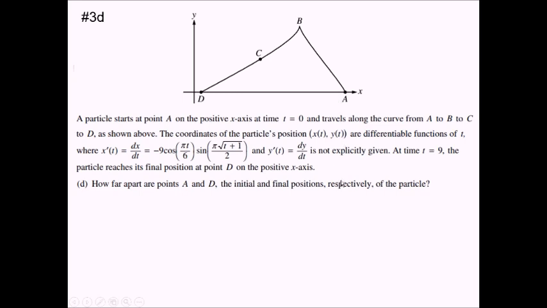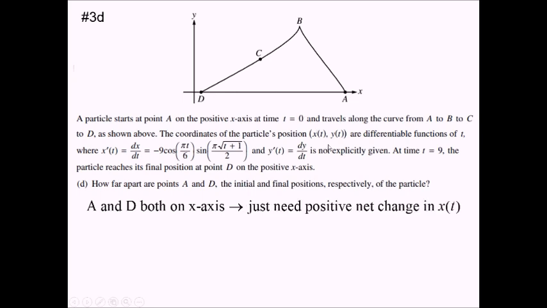Well, how can we find the horizontal distance? Since these are both on the x-axis, how can we figure out the net horizontal change, I guess is how you could think about this. Net positive change in x of t. Well, that net change happens over the time interval from 0 to 9 seconds. We have this x of t function that's moving us different places.